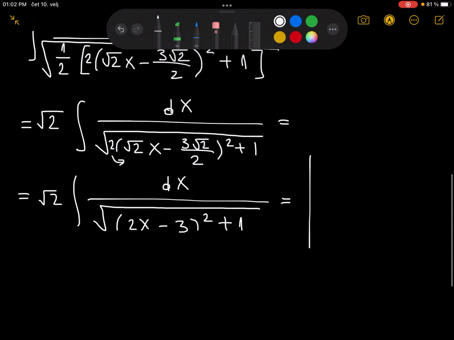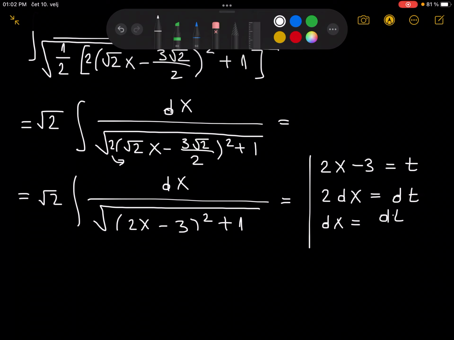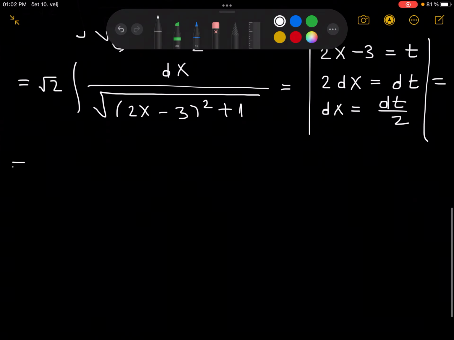And I'm going to use the obvious substitution. I'm going to say that 2x minus 3 is equal to t, or 2 times dx is equal to dt. In other words, dx is equal to dt over 2. I'm going to factor out the 2 right away.